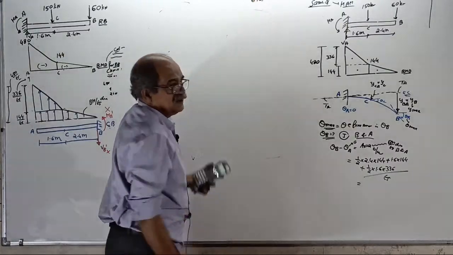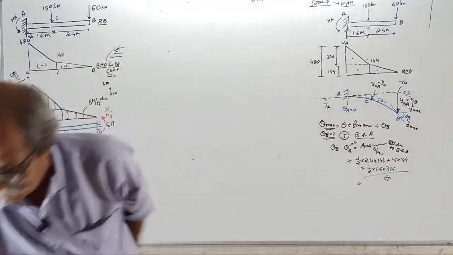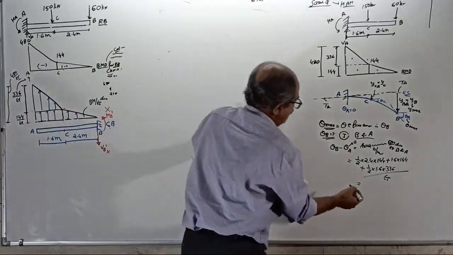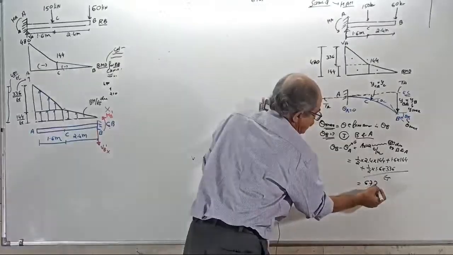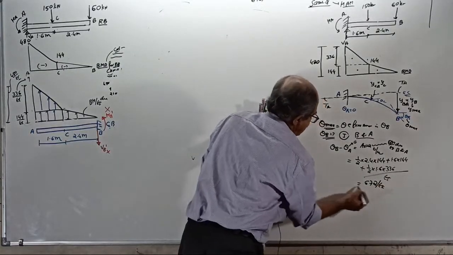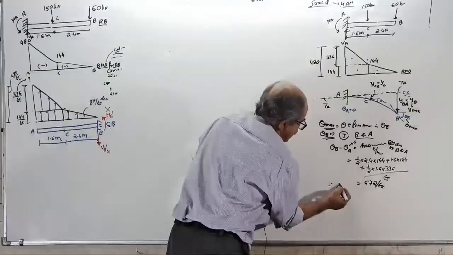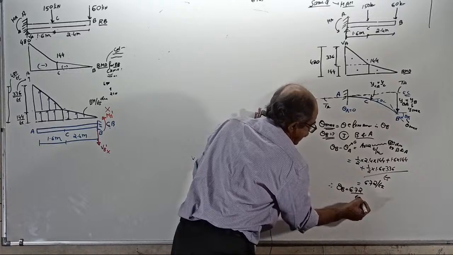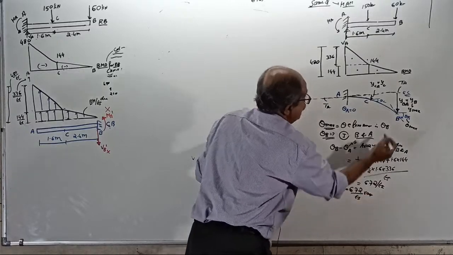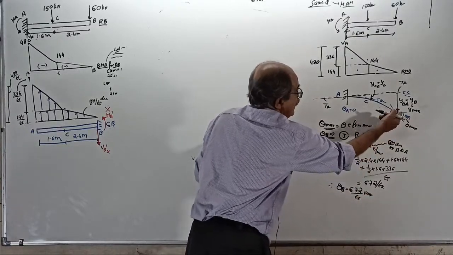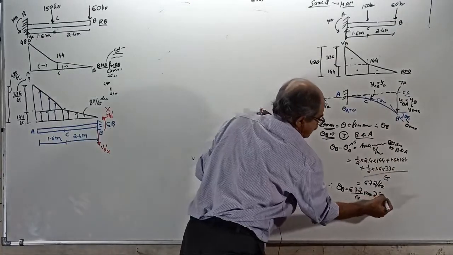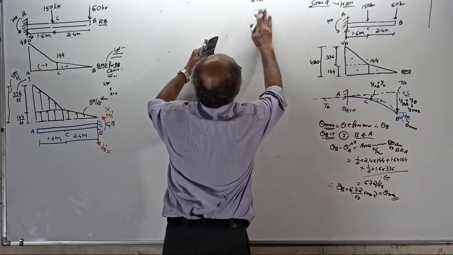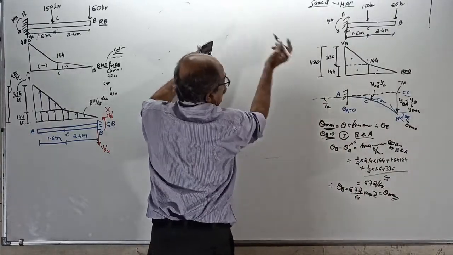So 672 equals 672 by EI. Therefore, theta B equals 672 by EI radian. You can see the elastic curve turning clockwise by that much, which is theta max.